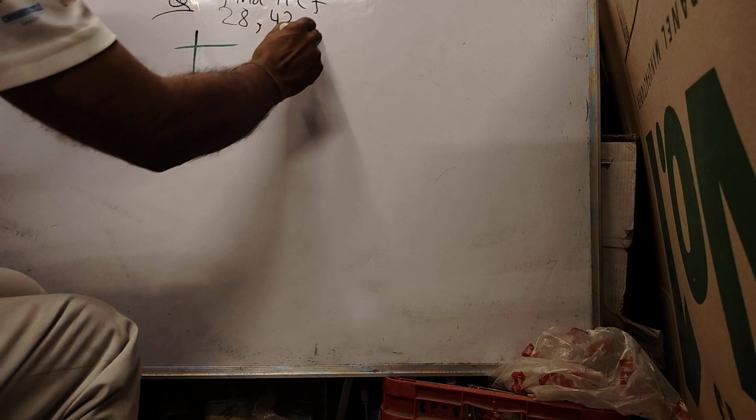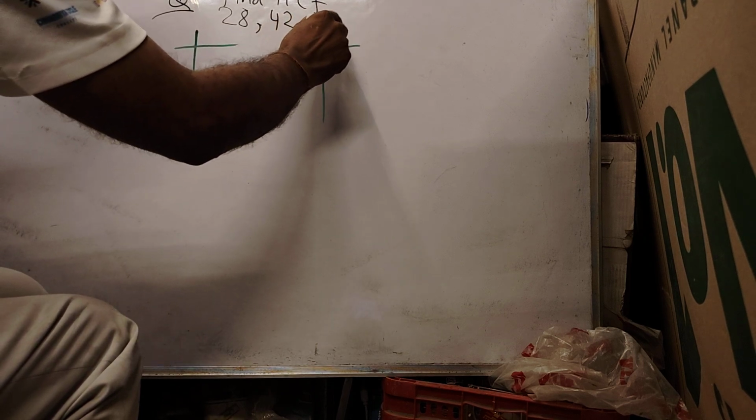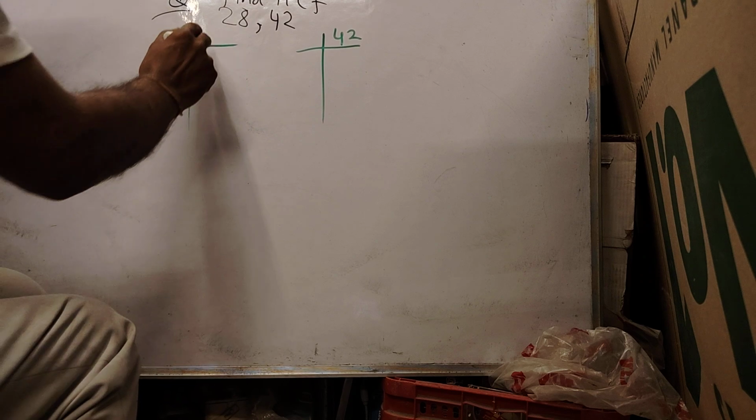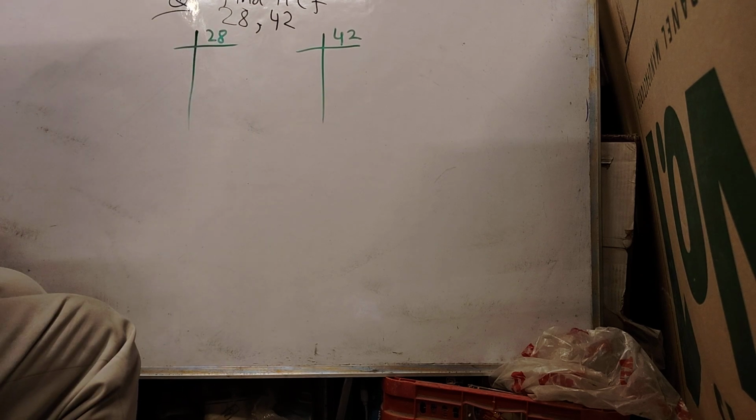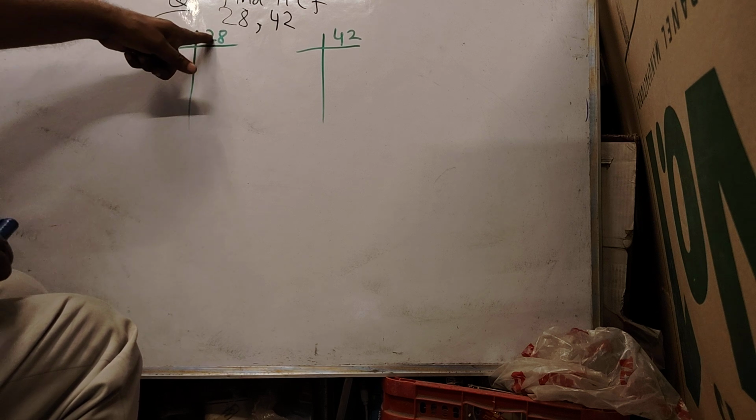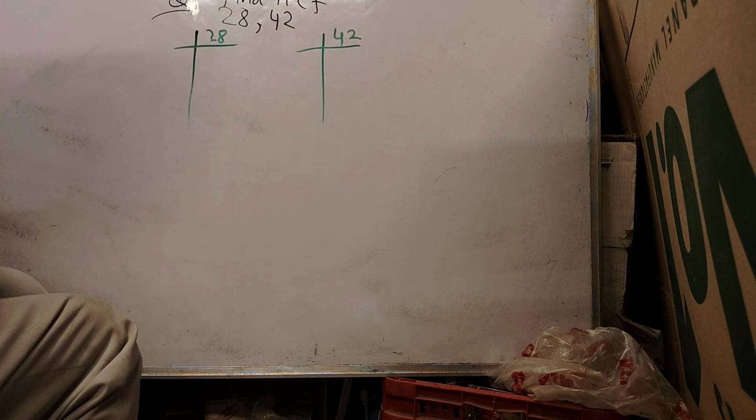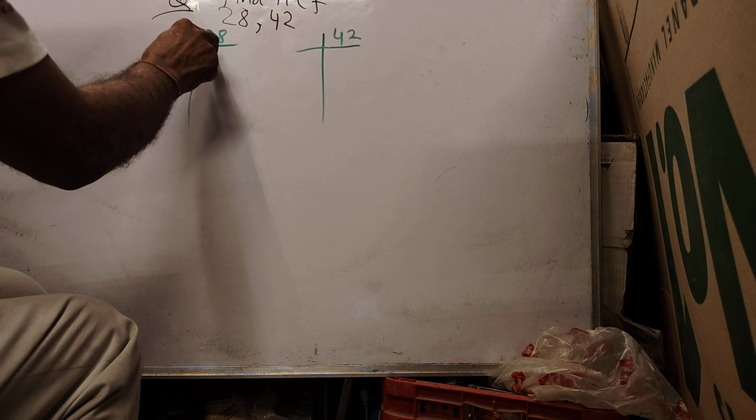First we write 28 and 42 separately. This is called prime factors. We are doing prime factors of 28 and prime factors of 42. How do we find the prime factors of 28?